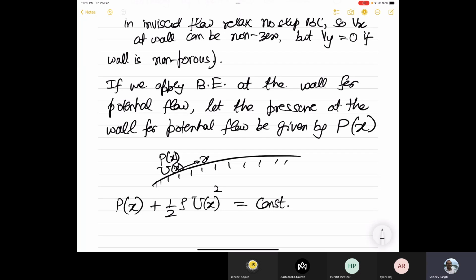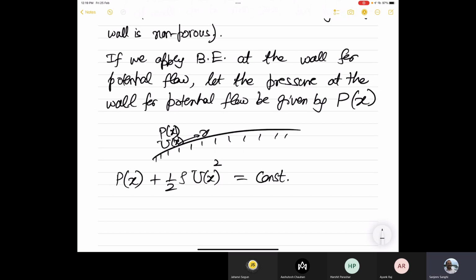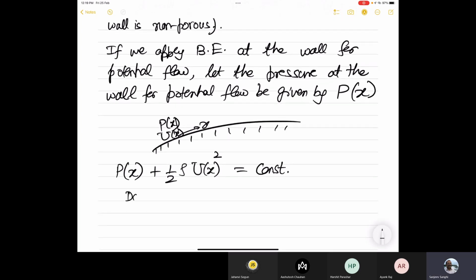Is this fine? So now we are not talking of the boundary layer flow, we are talking of potential flow. And for potential flow, we use these symbols capital P and capital U. Let us differentiate this with respect to X. And you will see why I am doing this.